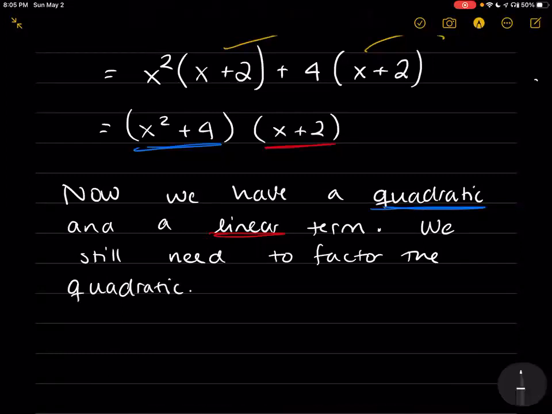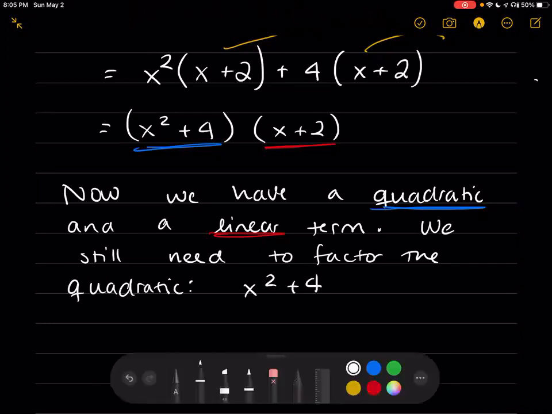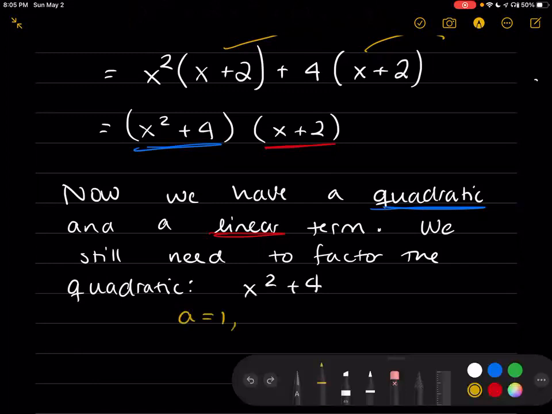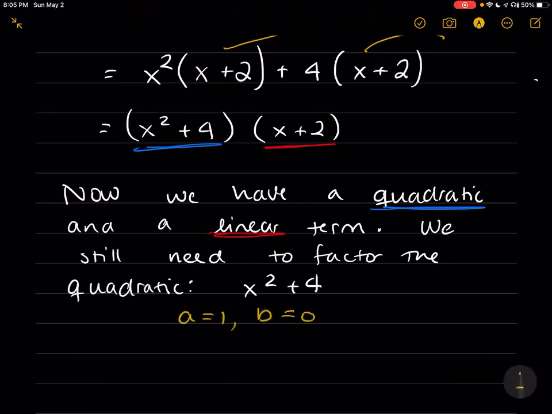Okay, so in order to factor the quadratic, x squared plus 4, I'm going to use the quadratic formula. Just a little note for ourselves: a is equal to 1. That's the coefficient in front of here. There's nothing there, it's just secretly a 1. B is 0 because there's no linear term, and c is 4.